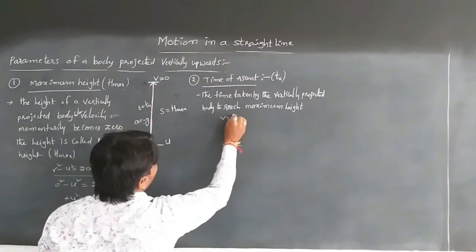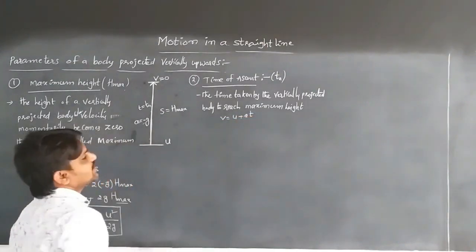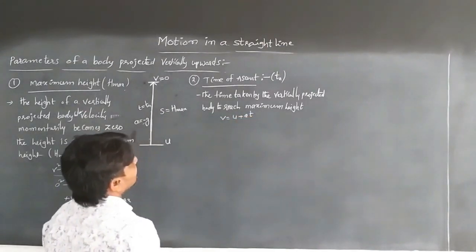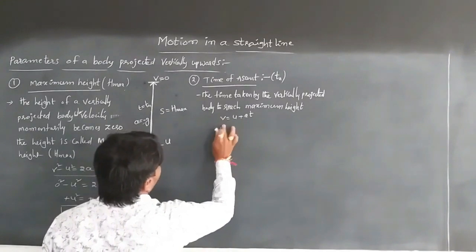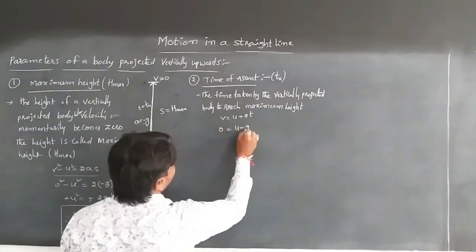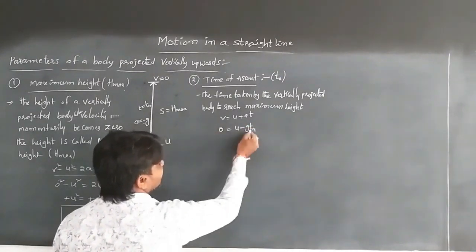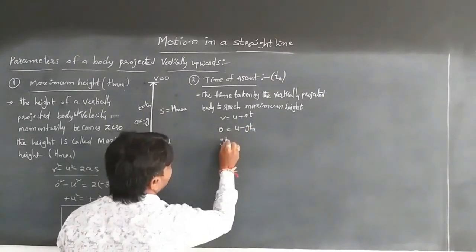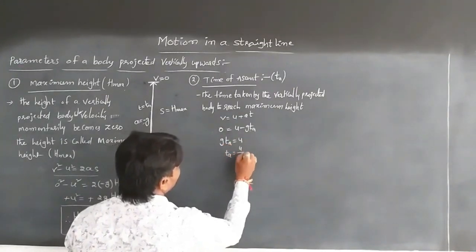From v is equal to u plus at, we can write the time of ascent. Here v is equal to 0, so 0 is equal to u minus g TA. Taking minus g TA to this side, g TA is equal to u, so TA is equal to u by g.